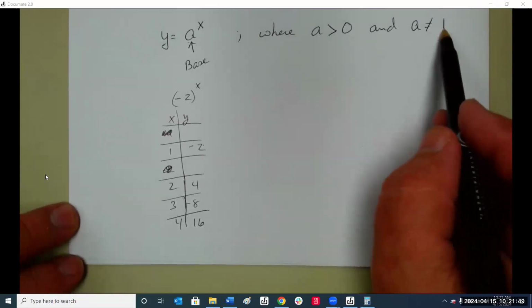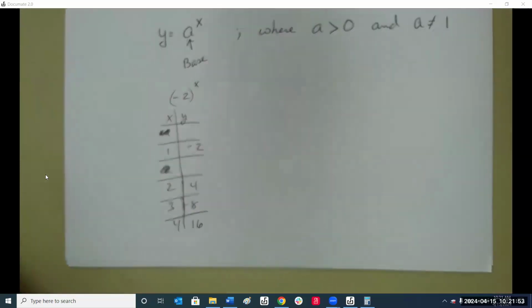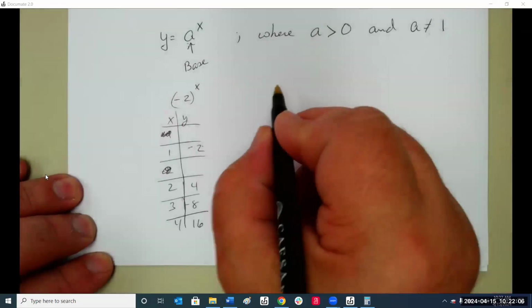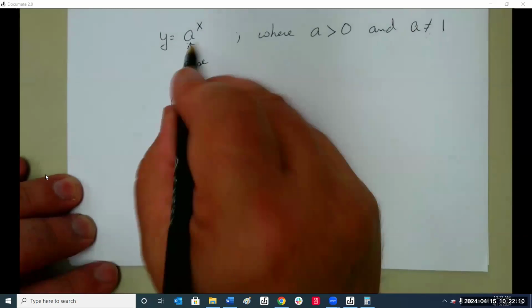And it can't be negative. If our base was 1, what would happen? It always stays 1. It's a pretty boring graph. It's a horizontal line. So I said a can't be 1. Let's look at what happens here. It didn't say anything about the x.